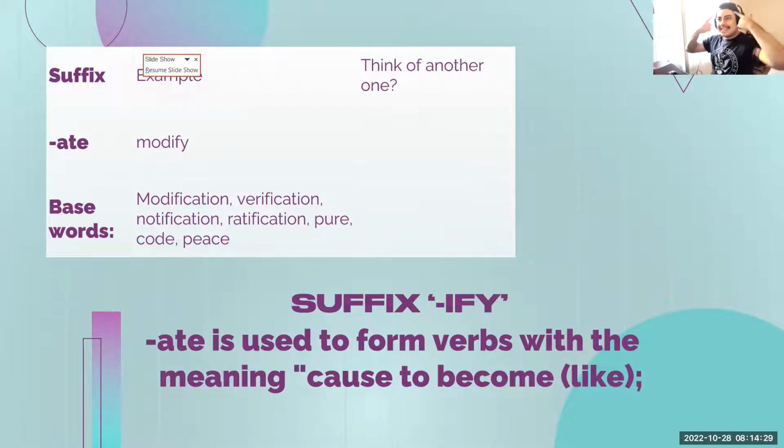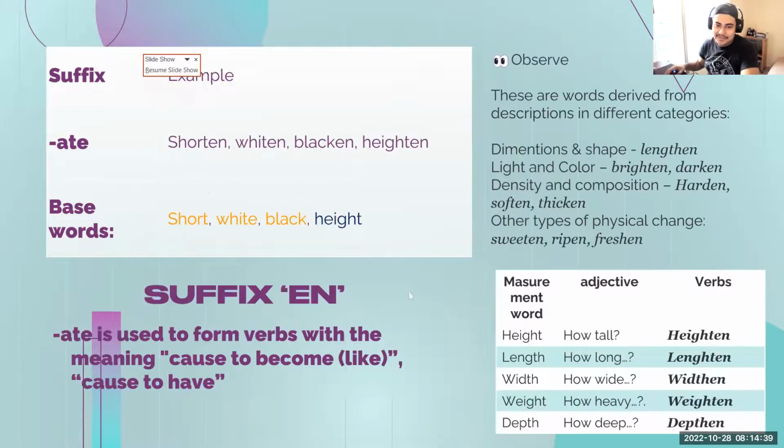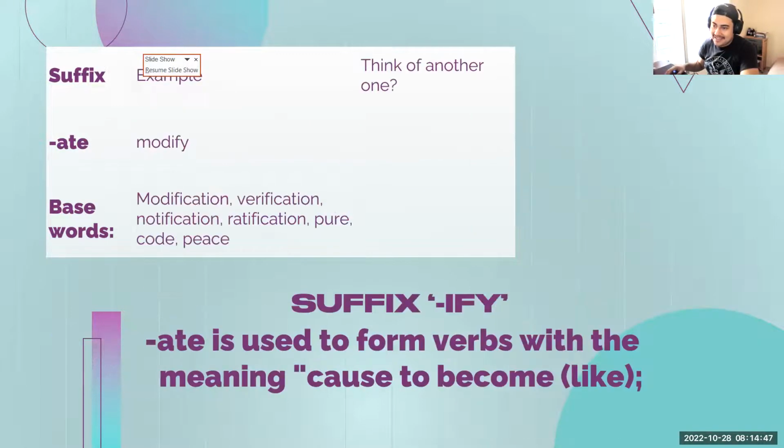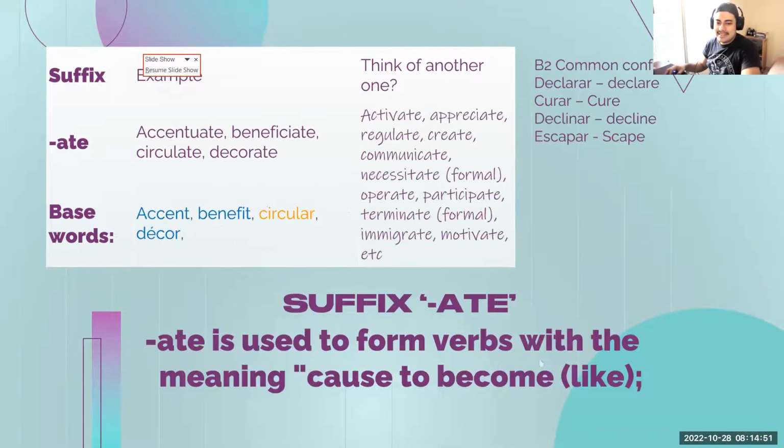And when we are thinking in Spanish, it's very probable that we think in the word modificate using the suffix ate. Watch out, because this is incorrect. Why is that? When you are talking about ate, you're thinking in verbs in Spanish that finish in ar.